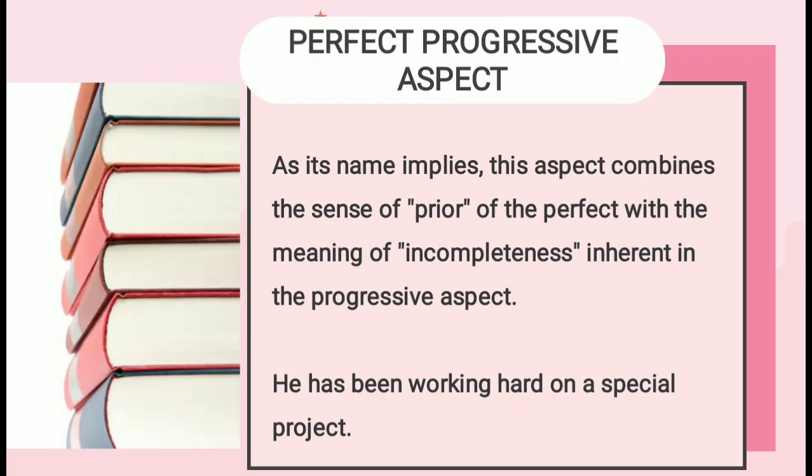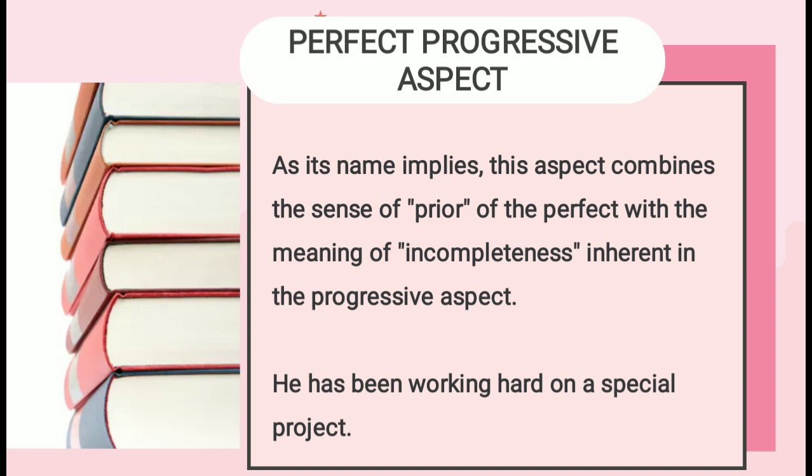And now let's proceed to the perfect progressive aspect. So, as its name implies, this aspect combines the sense of prior of the perfect with the meaning of incompleteness inherent in the progressive aspect. So the perfect aspect and the progressive aspect, nag-combine na siya into the prior to the incompleteness.